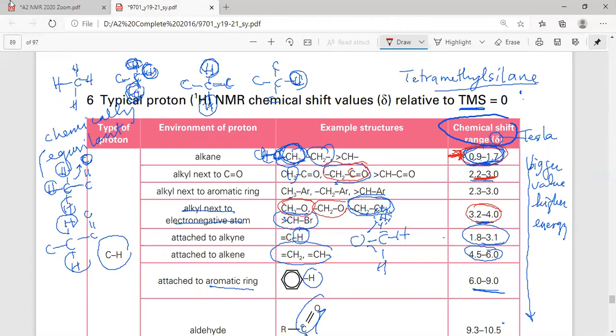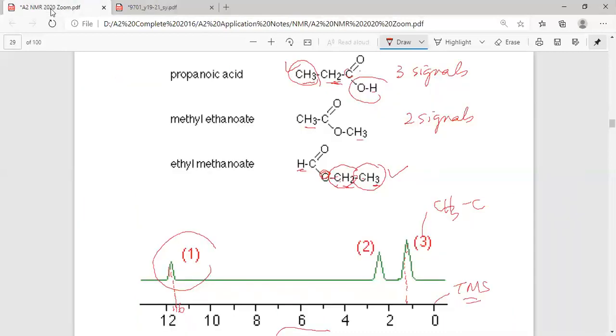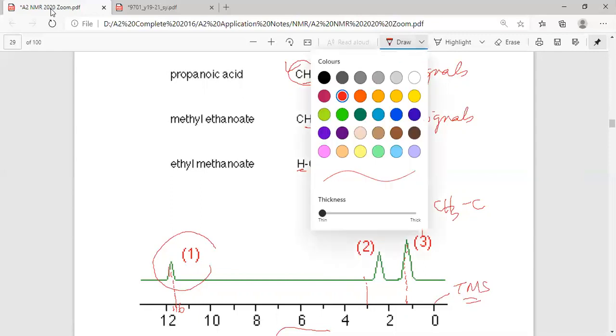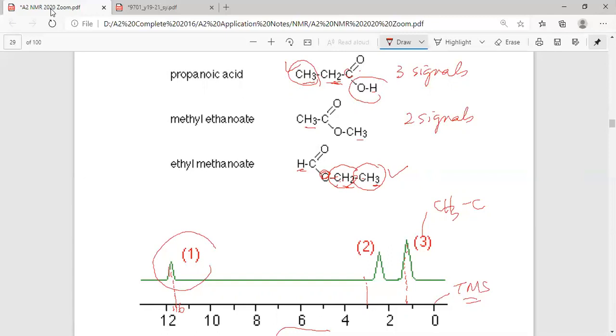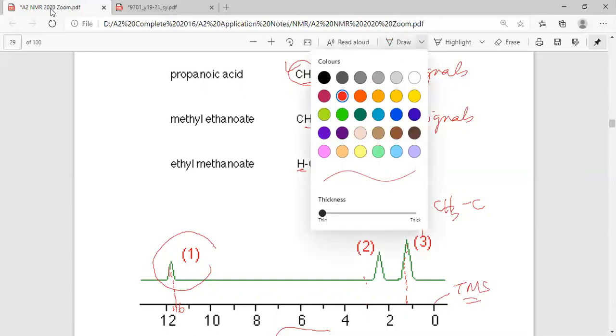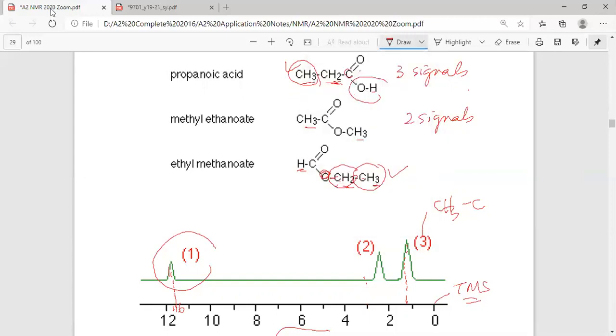Here it is less than 3. Remember this is CH2 to C and to O.